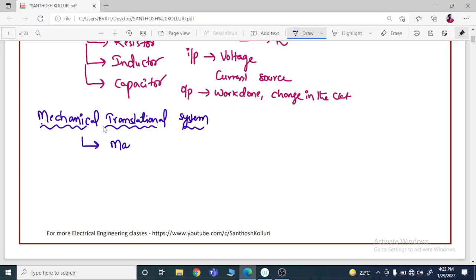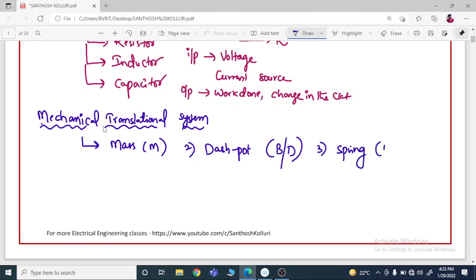The first one is the mass, represented with capital M, the second one is the dashpot, represented in some textbooks by B and in some by D, and the third is the spring constant K. The weight of the body is represented by mass M, and it is assumed to occur at the center of the body.